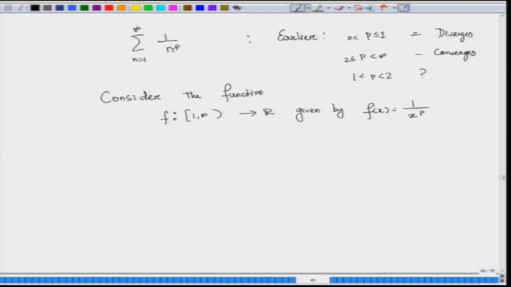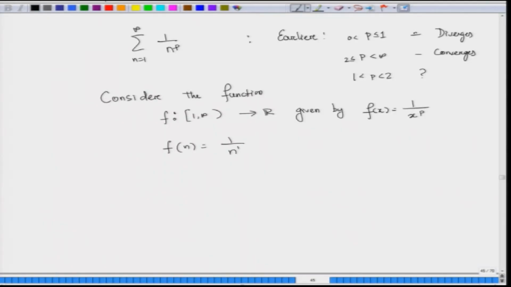In this domain, this is a continuous function and a decreasing function. Therefore, it satisfies the condition of the given statement, and f of n is equal to 1 by n to the power p. So, the series 1 by n to the power p converges or diverges simultaneously with whether the integral from 1 to infinity of f of x exists or not in the improper sense.